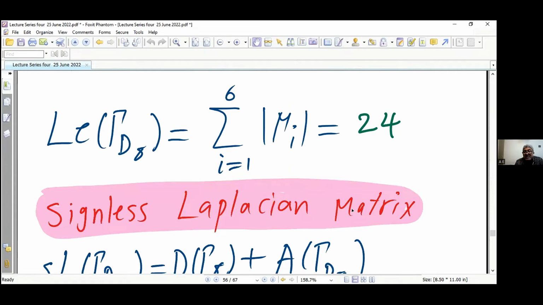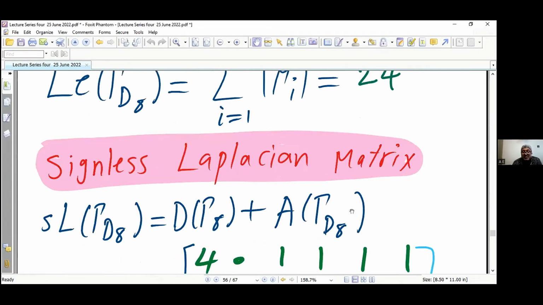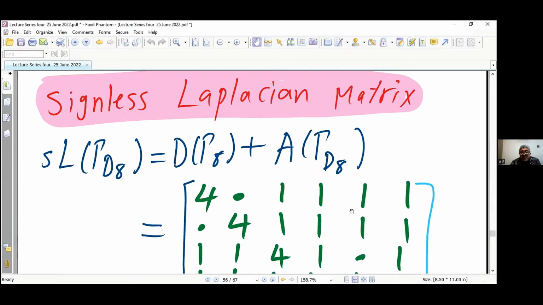Now, how about the signless Laplacian matrix? Here we can use again the adjacency matrix and the degree matrix. The sum of the degree matrix and the adjacency matrix of the non-commuting graph of D8 gives the signless Laplacian matrix.